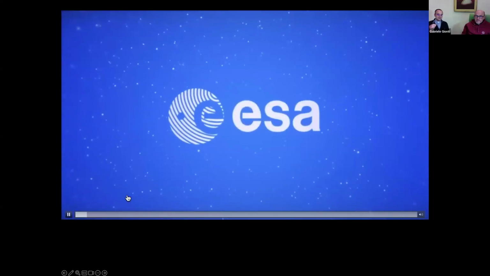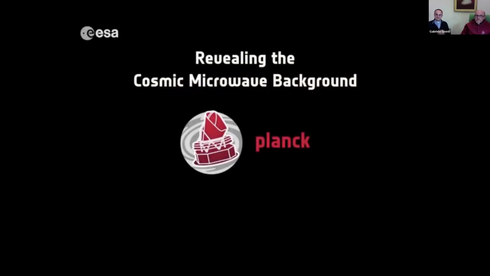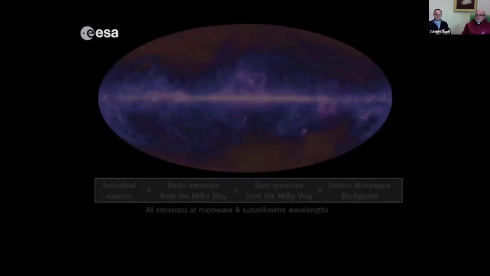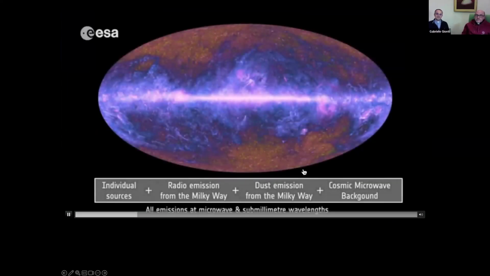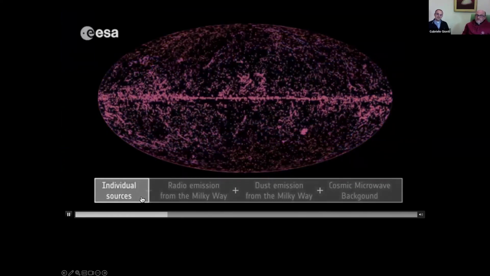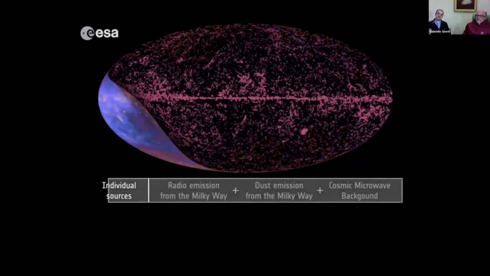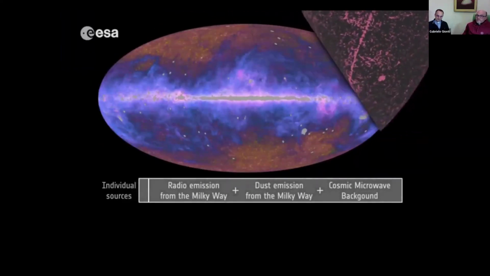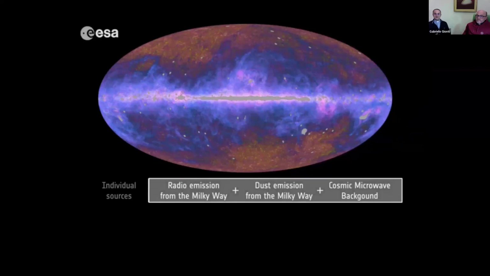The problem is that in order to be able to see this signal, you have to remove a lot of other signals coming in front of you when looking at the CMB. You have individual sources, stars and galaxies, and you have to remove these sources. Later, you have to remove the radio emission from your own galaxy, the Milky Way.